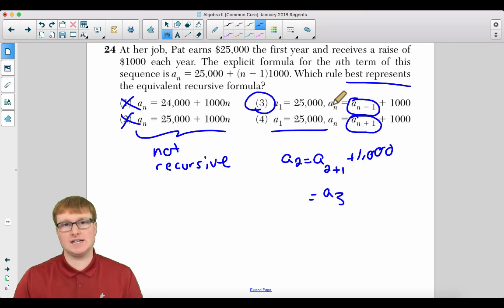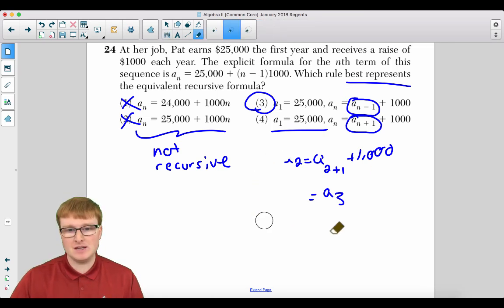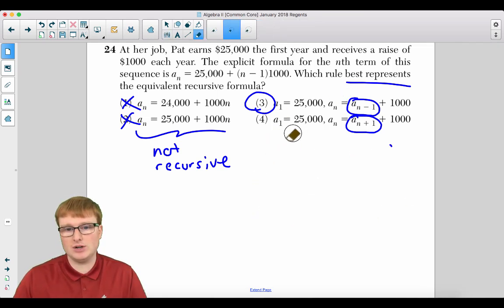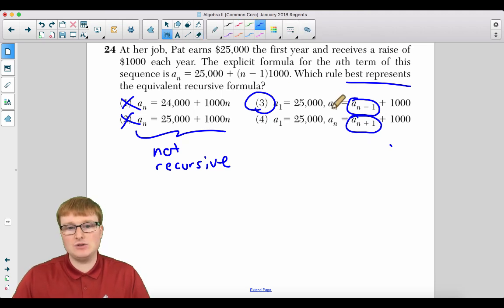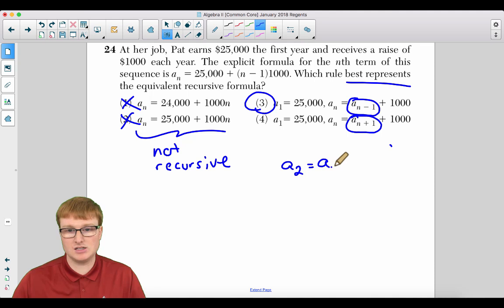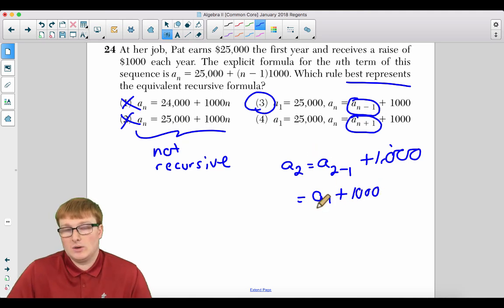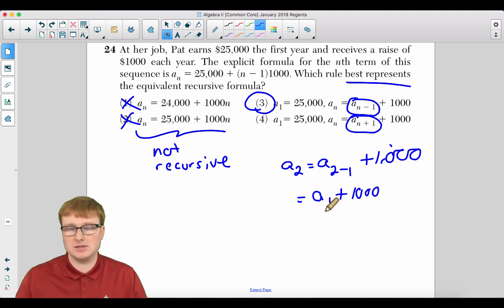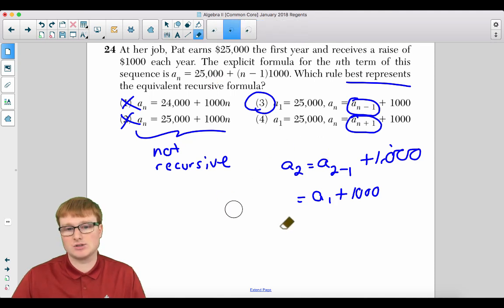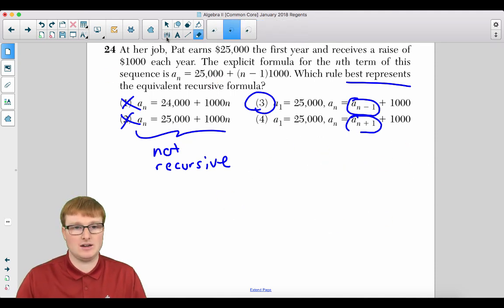That's why it always has to be n minus 1 for recursion, because we're not given the next term. We're given the previous term. If you apply the same thing to choice 3, a sub 2 is just a sub 2 minus 1 plus 1,000, which is a sub 1 plus 1,000. Hey, we have a sub 1. It's 25,000, so 25,000 plus 1,000 is 26,000. So that works. Your answer is choice 3 for that question.